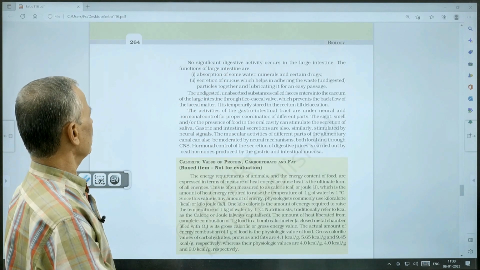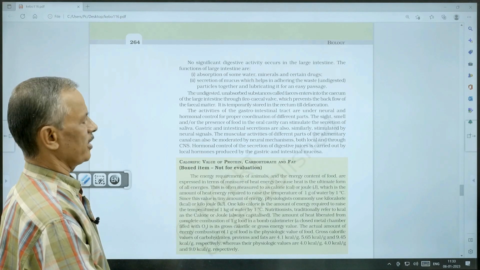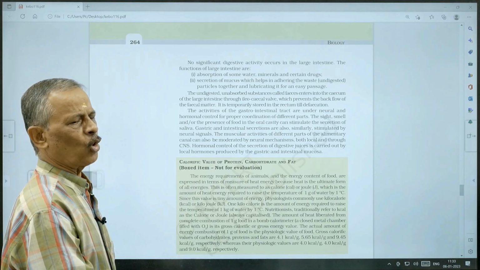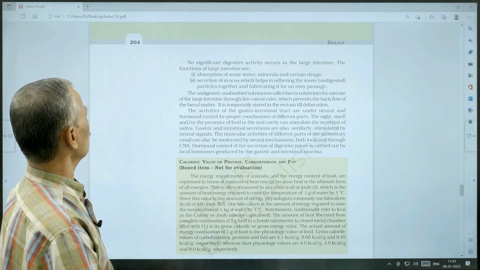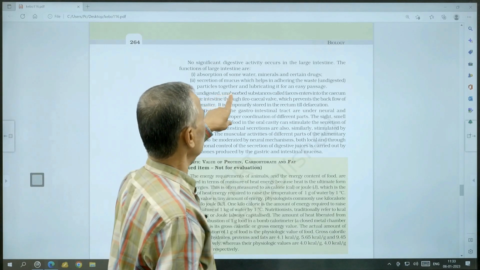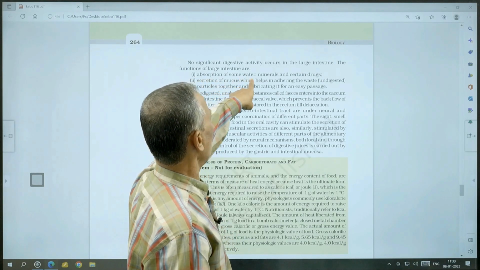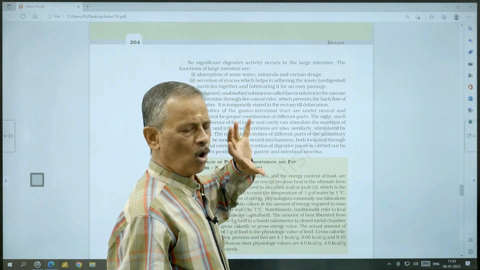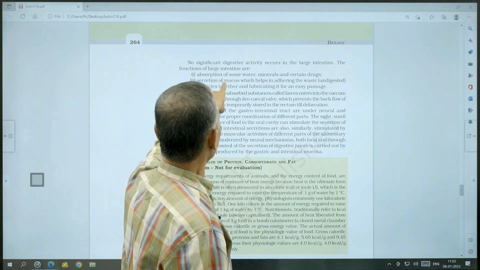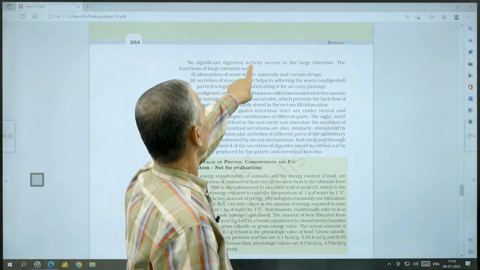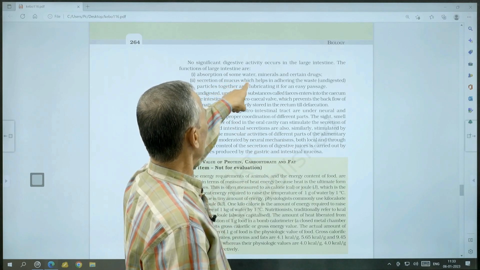No significant digestive activity occurs in the large intestine. The large intestine has no digestive glands. It produces only mucus, abundant mucus. What are the two important activities taking place in the large intestine? Absorbing some water. Most of the water is absorbed from the small intestine. The remaining water is absorbed along with minerals and some drugs, and it produces a large amount of mucus.